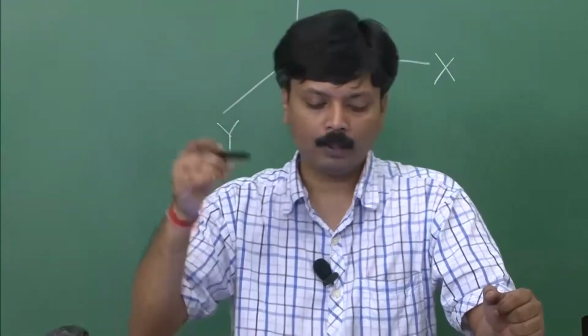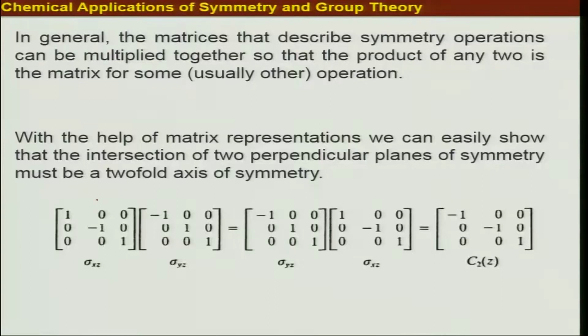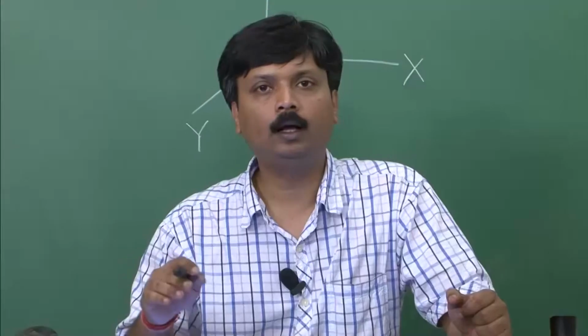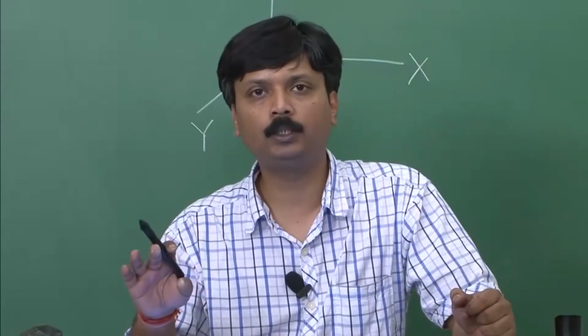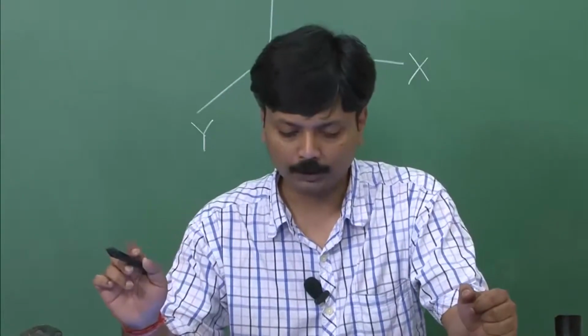Now if we take the matrix forms of sigma xz and sigma yz and do the multiplication, I will end up getting a matrix representation which actually gives me C2z. So this matrix multiplication can satisfy the successive operations of these symmetry operations.